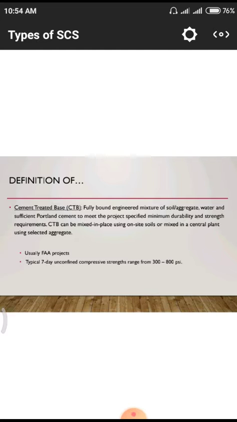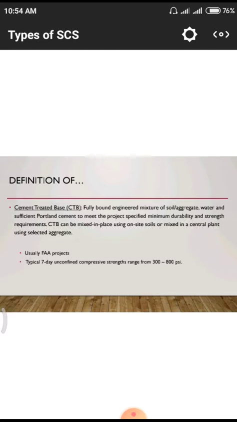If huge forces in the form of durability actions act on the structure, the strength will decrease. So the cement treated base is meant to face all those conditions well, so that it is not affected easily.